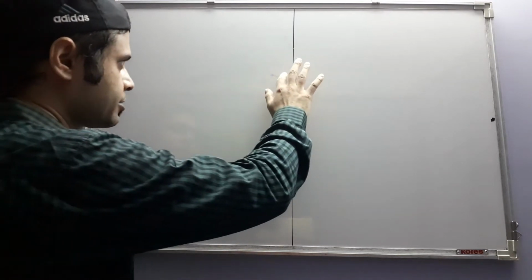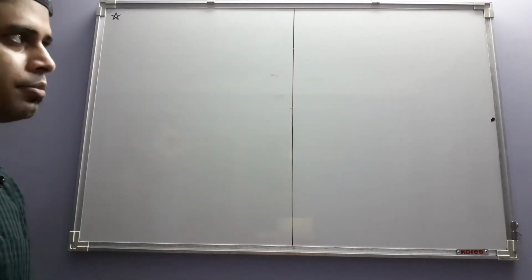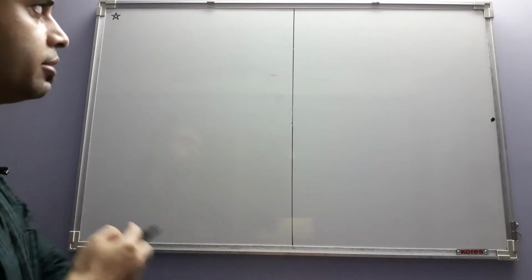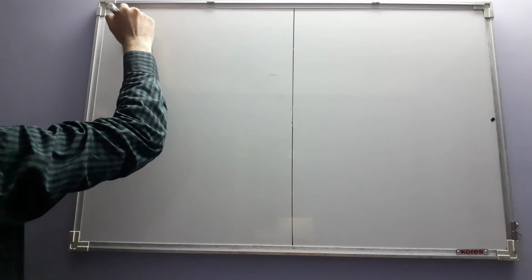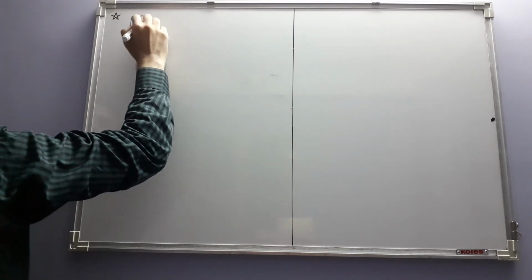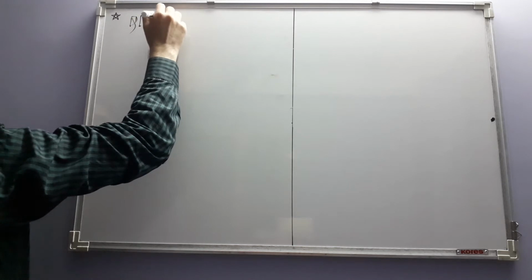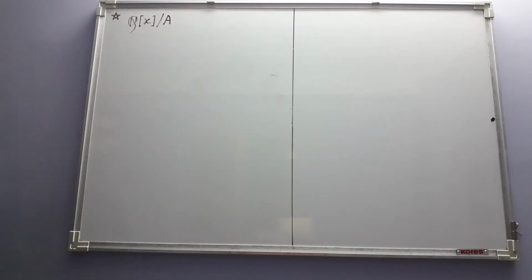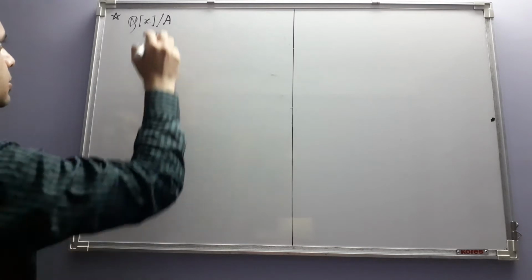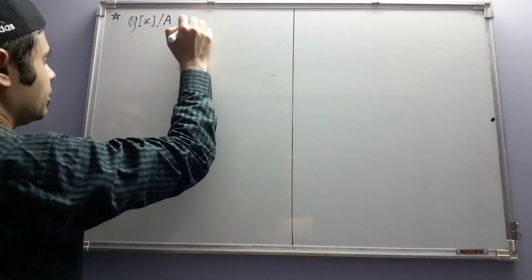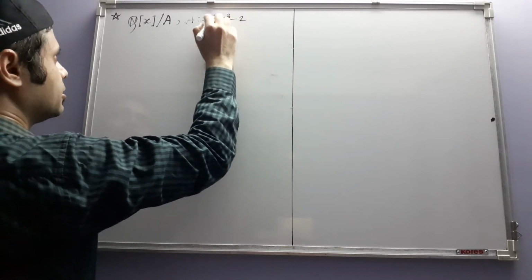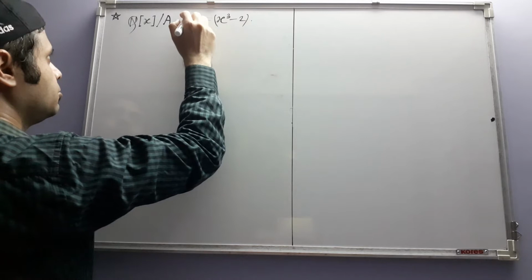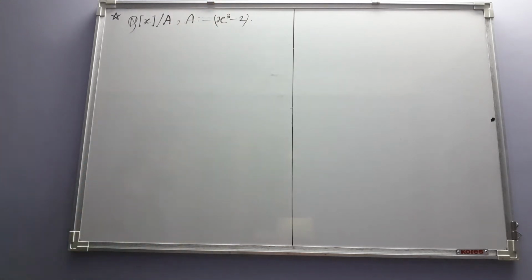Okay, so in the last video we came across this quotient ring. Towards the end of the video, this quotient ring where Q is the field of rational numbers and where A is the principal ideal generated by the polynomial x cube minus 2, where x cube minus 2 is a polynomial over the field of rational numbers.